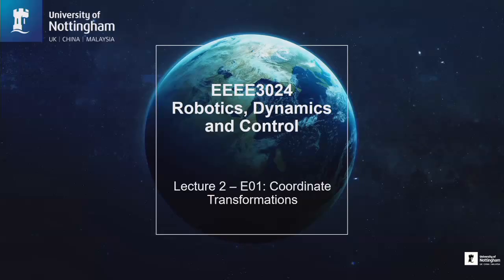For all our robot systems, hope you can all see this, they're going to be fixed in space. And the position they're fixed to in space will be assigned a set of coordinates. Now I should have kept hold of my robot. And our robot will be fixed to the home of that set of axes.